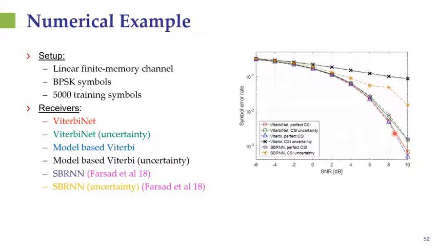And as you can see, it essentially coincides with Viterbi algorithm when trained using a very, very small number of training symbols. Now, we can also see that the curve here in purple, this is the SBRNN receiver we discussed earlier, trained using the same number of training samples. So as you can see, the performance gap is not that big, but still, the ViterbiNet algorithm actually approaches the performance of its model-based counterpart since it is designed to do so.